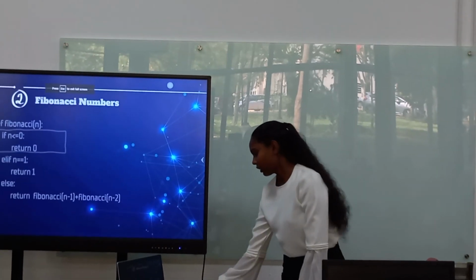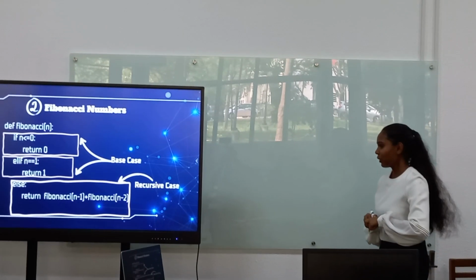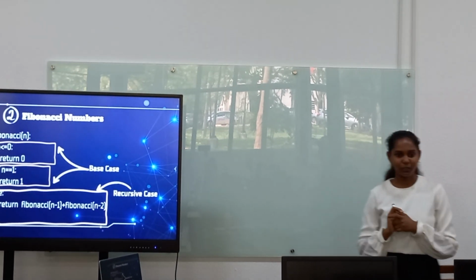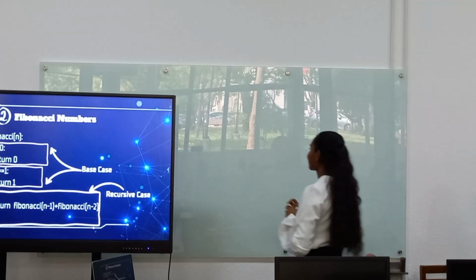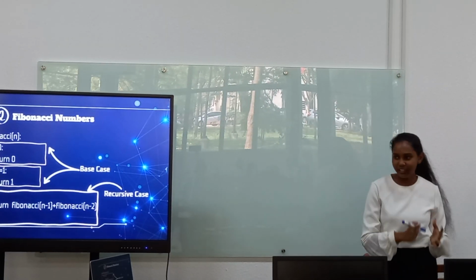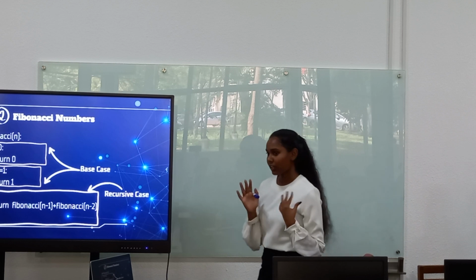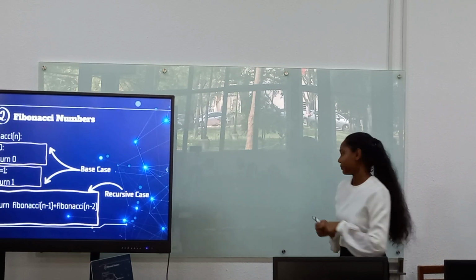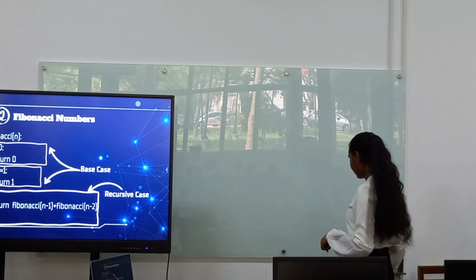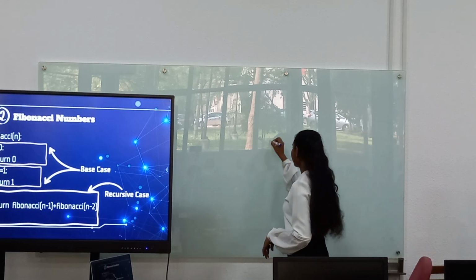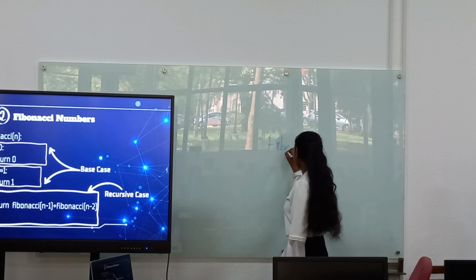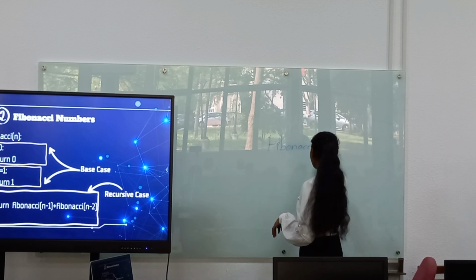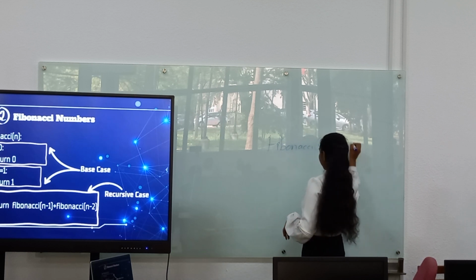Which is Fibonacci numbers. Have you heard of this word Fibonacci? I hope you haven't. Fibonacci numbers are a series of numbers where each number is the summation of the two preceding numbers. What you have to remember is that Fibonacci numbers always start with 0 and 1. So if you are asked to print Fibonacci 0, it will be 0.